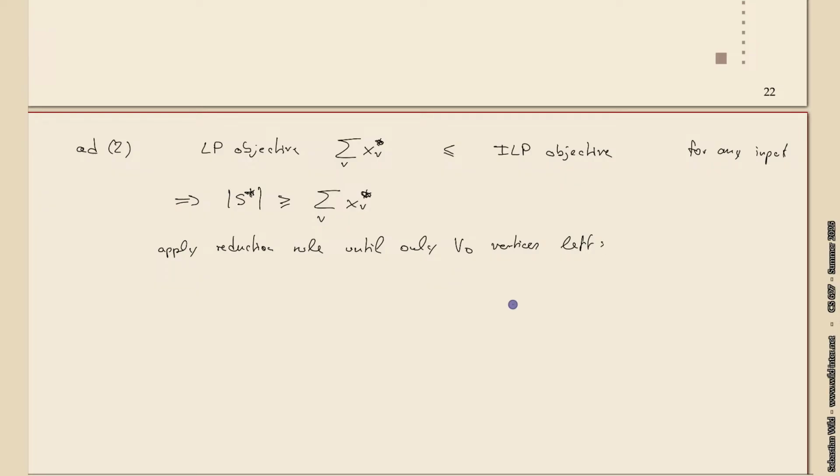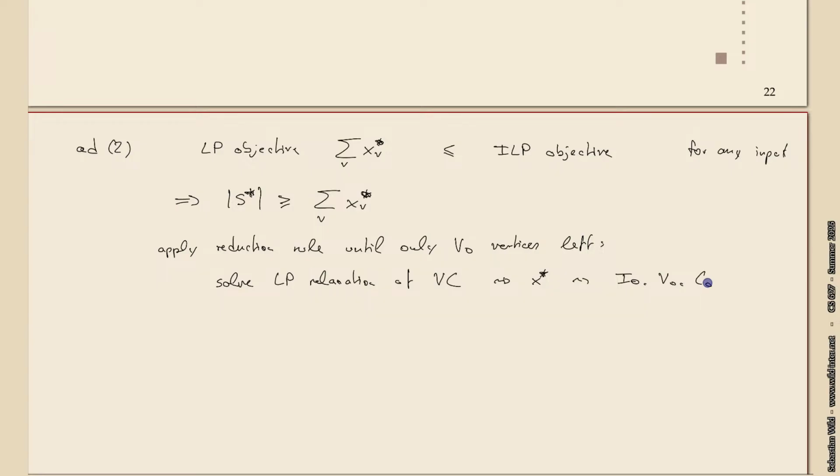So what we'll do is we'll repeatedly apply the following reduction rule. You take the LP relaxation of the vertex cover problem. That gives you some optimal solution X star. And from X star, you get these sets I0, V0, C0.